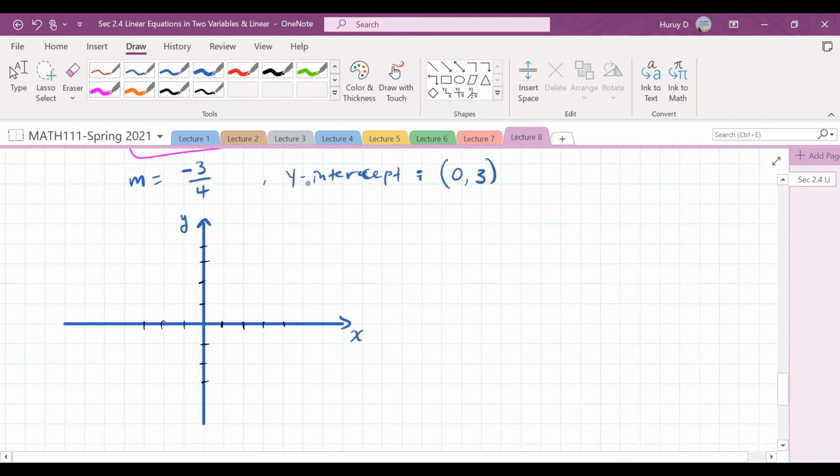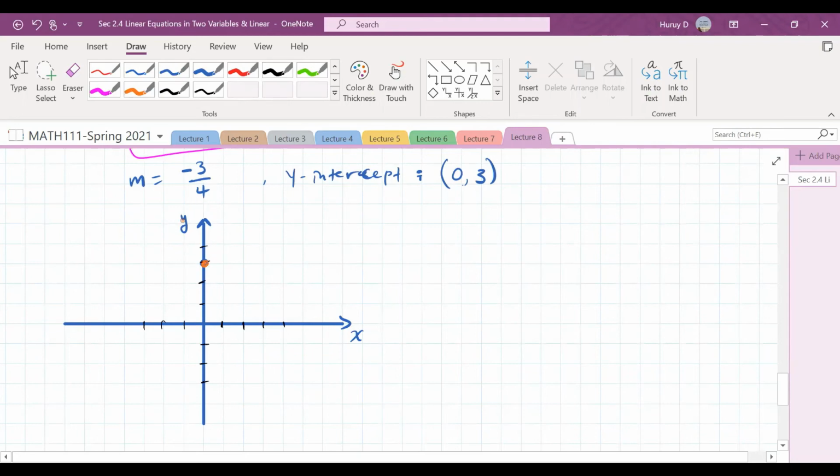Now first let's spot the y-intercept. 0, 3 means 0 is here and 3 is here. So the point is right here. That means the line crosses the y-axis, or intersects the y-axis, at this point.